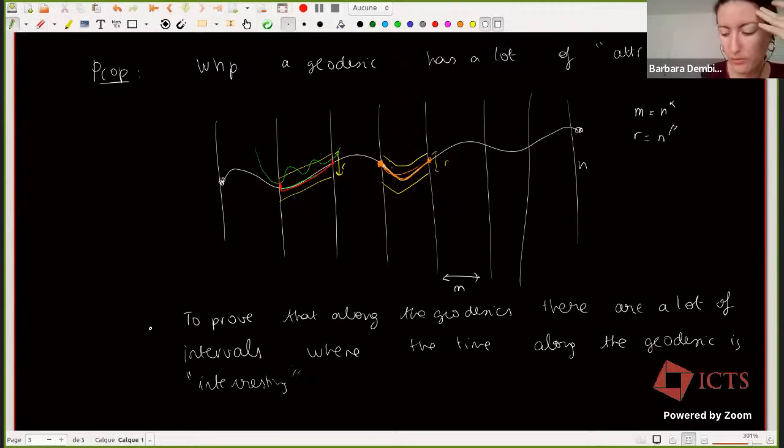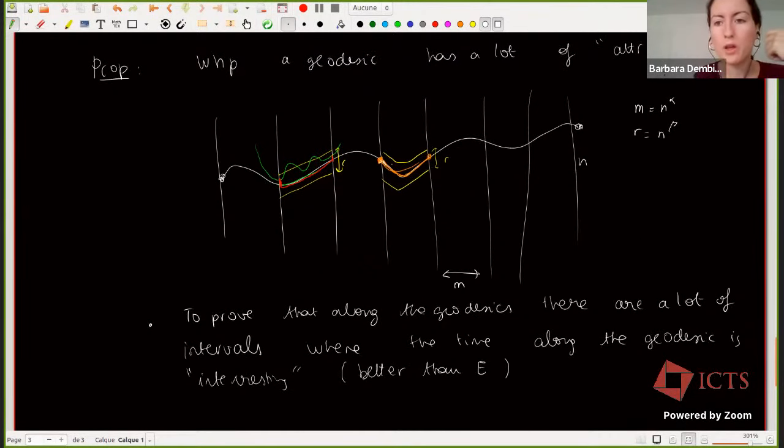And interesting for us means better than what you would do in expectation, better than the expectation from here. To prove that, you use Talagrand's concentration inequality, both at the global scale and at the local scale.